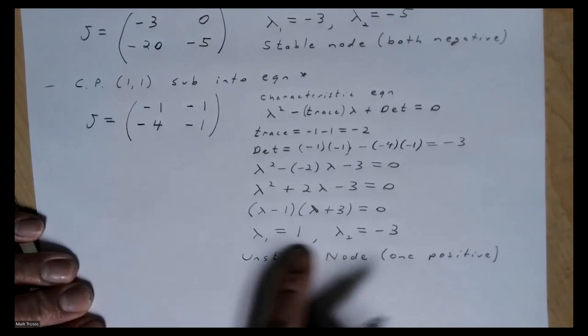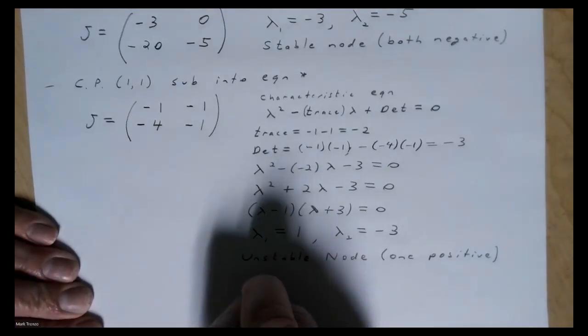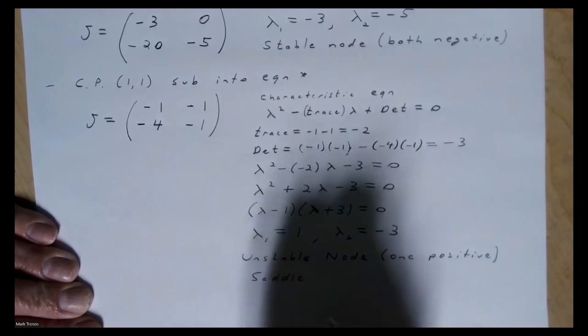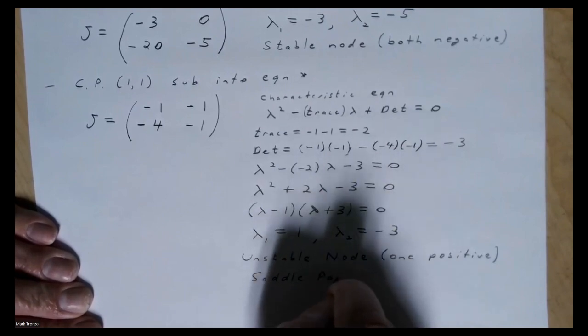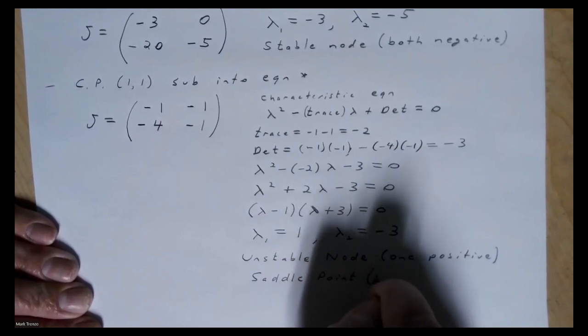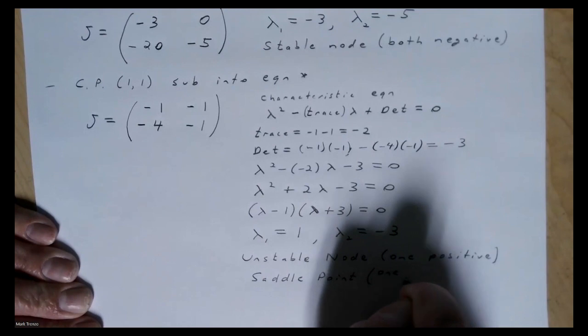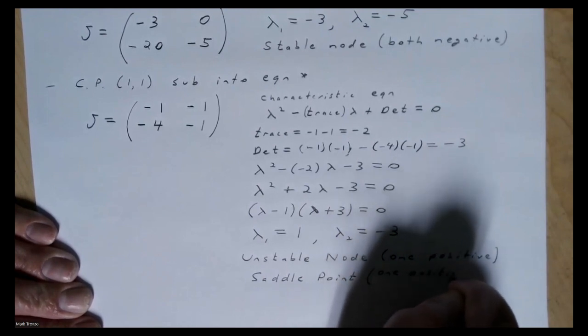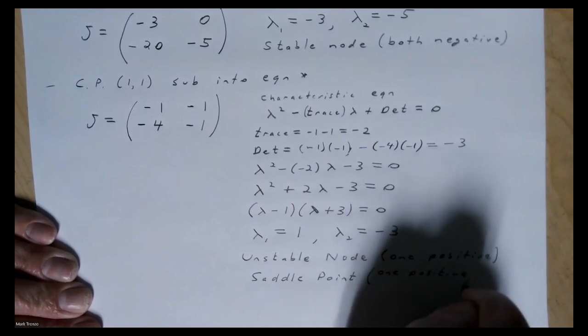And actually, it ends up being a saddle point because one is positive and one is negative. So we can have an additional description for this one.